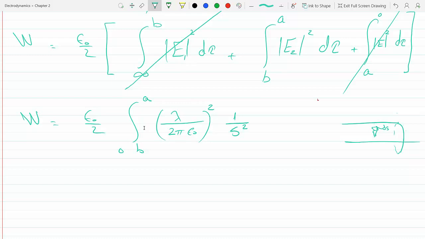Wait, no, this is the cylinder. Let's say that this is the axis, okay, and let's say this is your cylinder here.